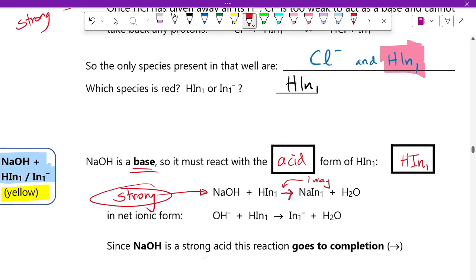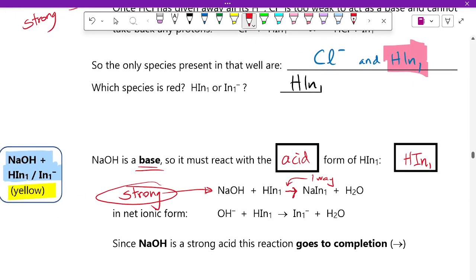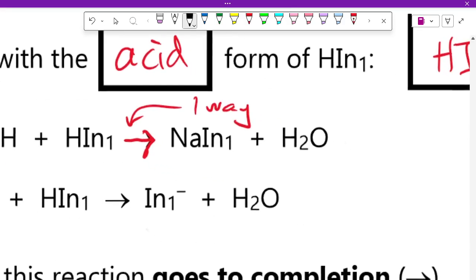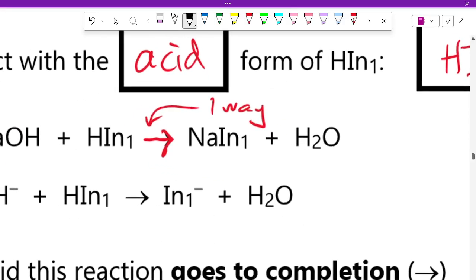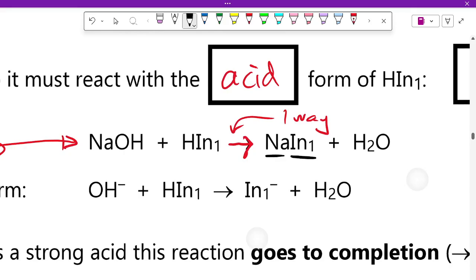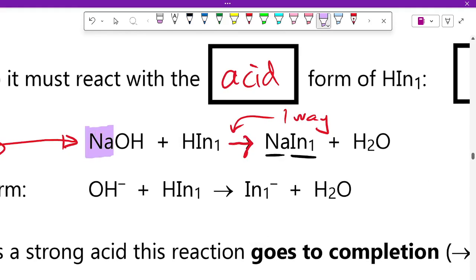And because when we put these things together, the only thing left is going to be Na plus and In minus. So when we write NaIn, that is actually Na plus and In minus. If we want to write that as a net ionic equation, we can get rid of the spectator ion.